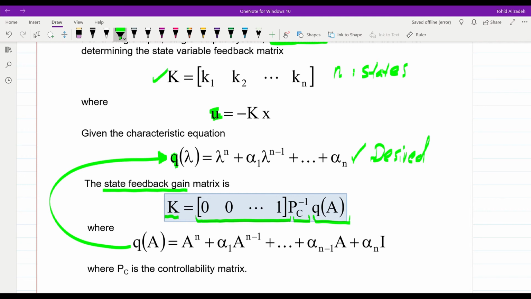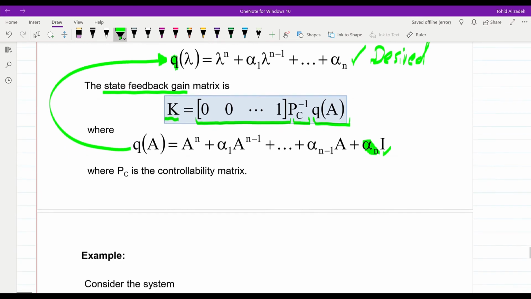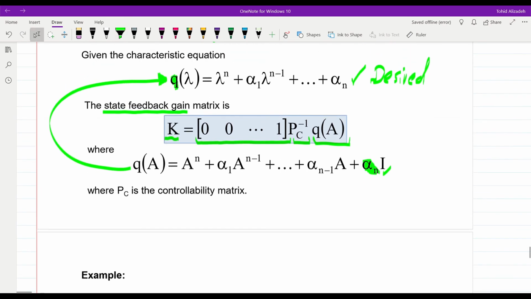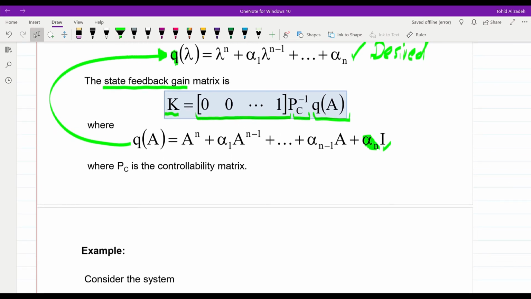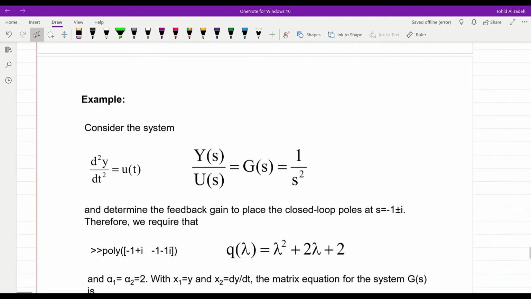So we'll have A to the power of n plus alpha 1 A to the power of n minus 1, and so on. Finally, for the last element, alpha n is a single value, so it will be multiplied by the identity matrix I. And with this, we will obtain the value for the state feedback gain matrix, let's say, quickly.